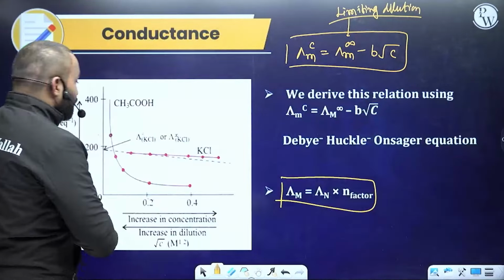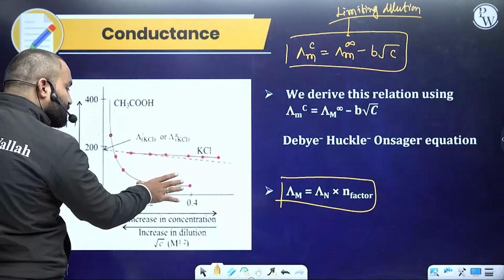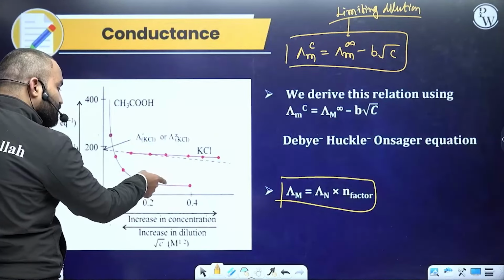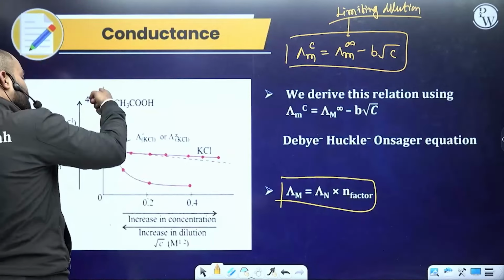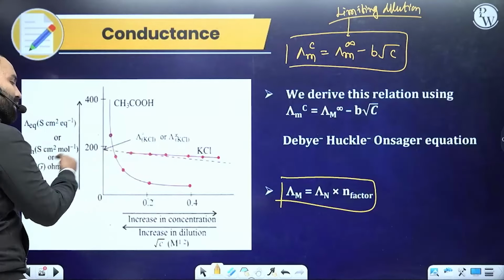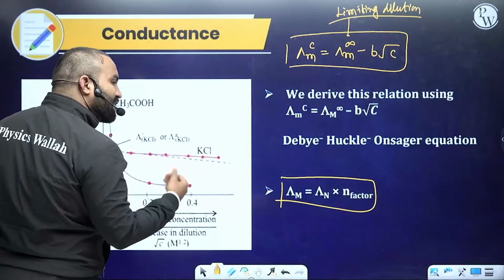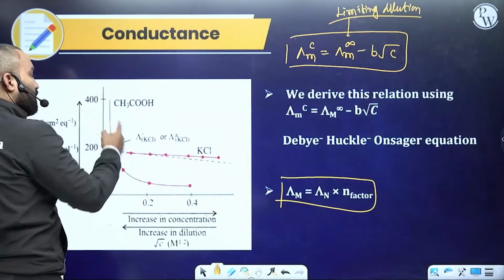For a weak electrolyte, as the concentration is changing, please notice the graph: suddenly it shoots up. But for a strong electrolyte, it is almost parallel to what you expect. Here the change upon dilution is too much. What does it mean?